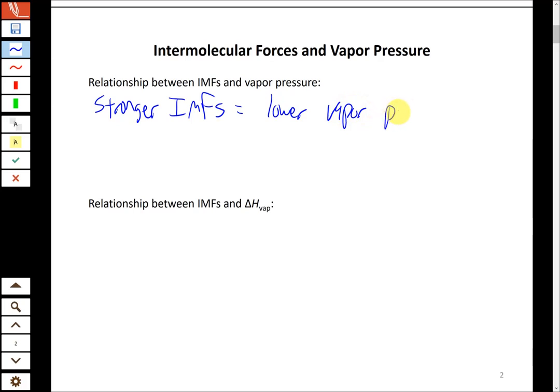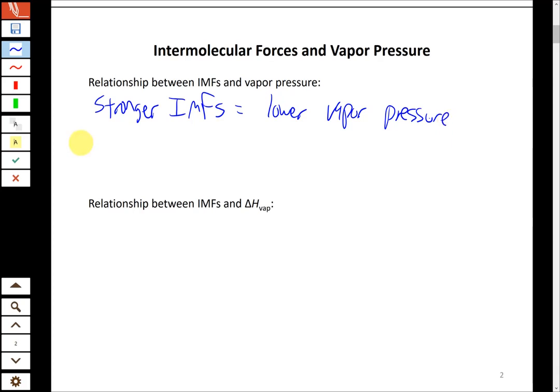That should make sense to us because remember we said vapor pressure requires molecules to escape the surface of the liquid. If there are stronger forces holding them together, fewer of those molecules are going to escape the surface, therefore you'll have a lower pressure. So there's that inverse relationship between IMFs and vapor pressure.